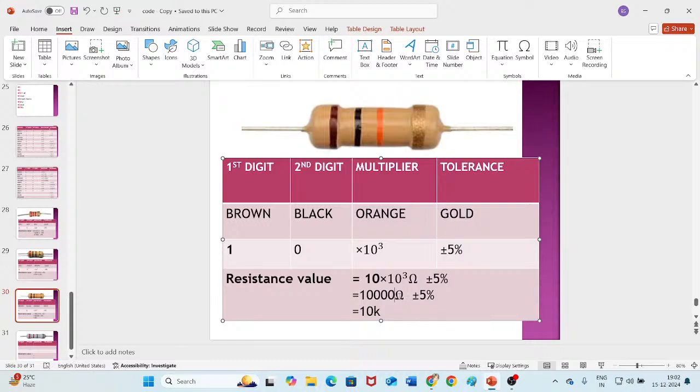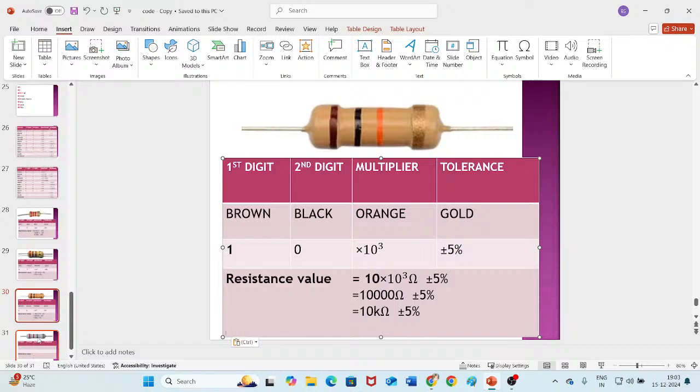Or I can say 10 kilo ohms. Okay. So how much is this? It is 10,000 or 10 kilo ohms, plus or minus 5% tolerance because the fourth one is the gold.